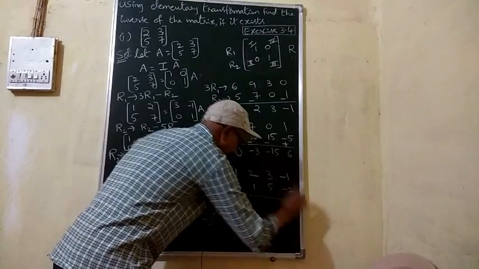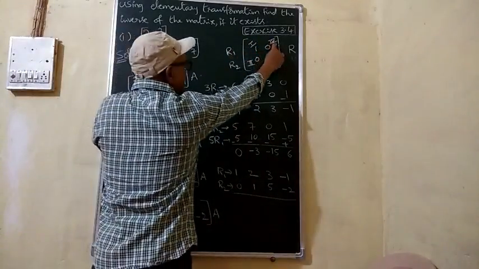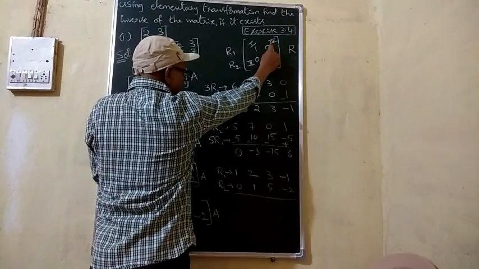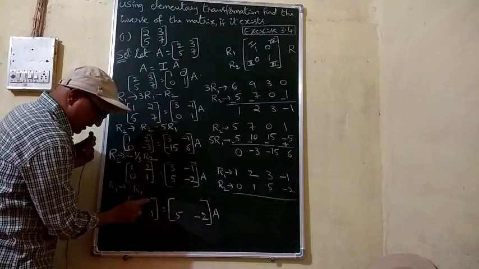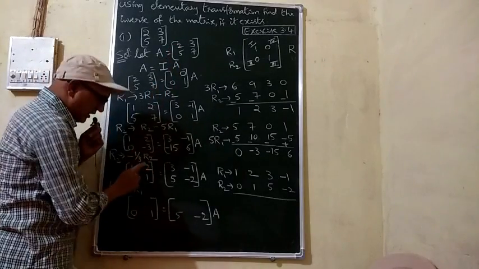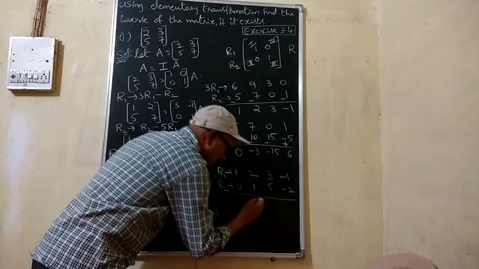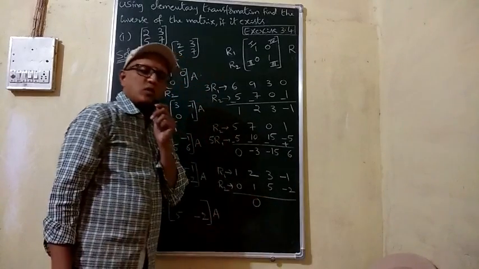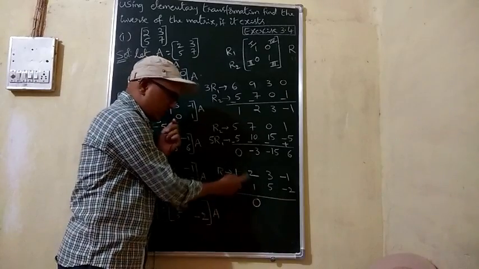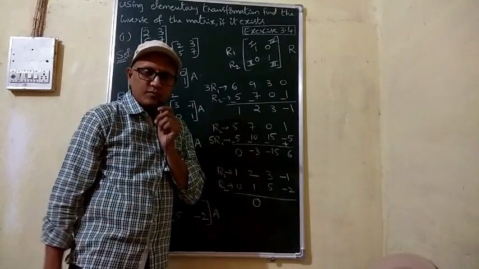Where we want it, the fourth Roman letter, in the first row, at this place we want 0. In place of 2, we should get 0. How to get 0? 2 minus 1, no. 2 plus 1, no. 2 minus 2, then we get 0.